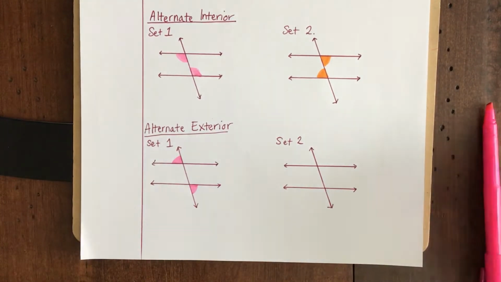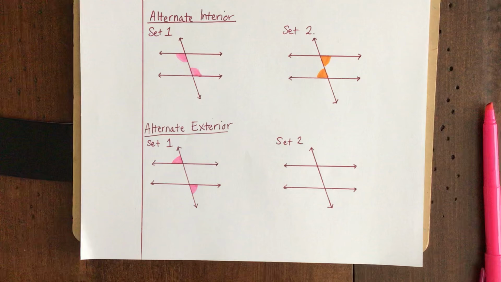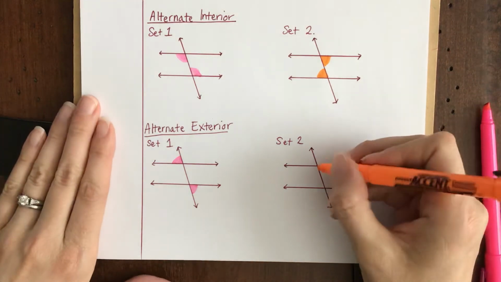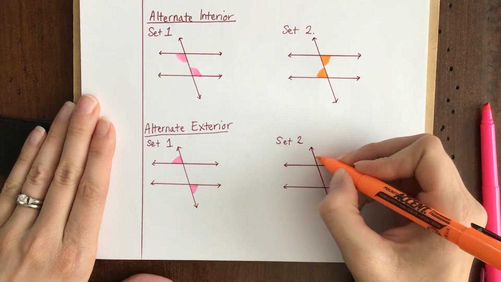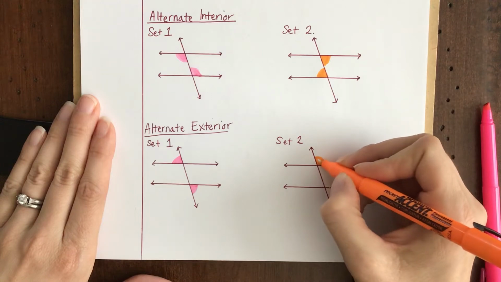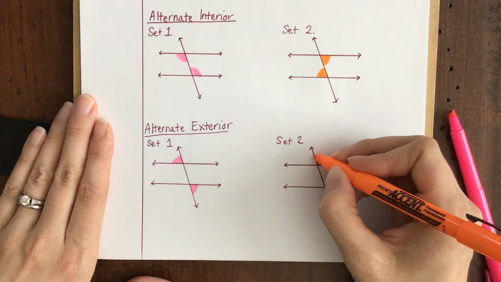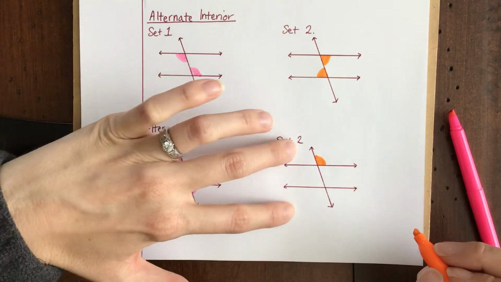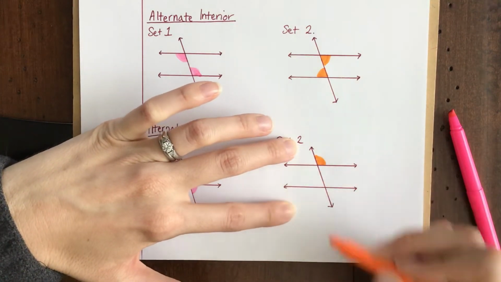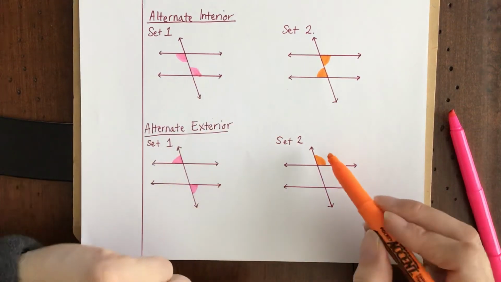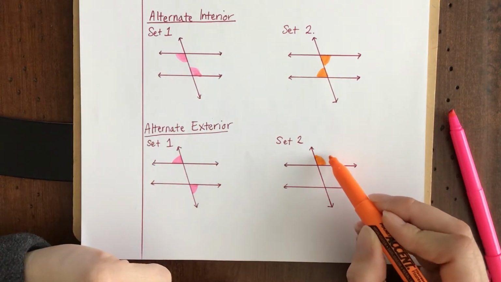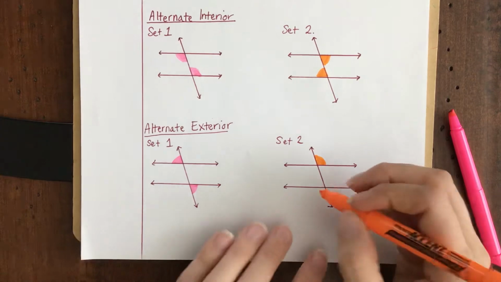Let's look at the second set that is created by these parallel lines and transversal. Let's start with this angle this time. These are the exterior angles. You have 1, 2, 3, 4 exterior angles. And to find the alternate exterior angle to this one, we're going to cross that transversal and go to the other side.